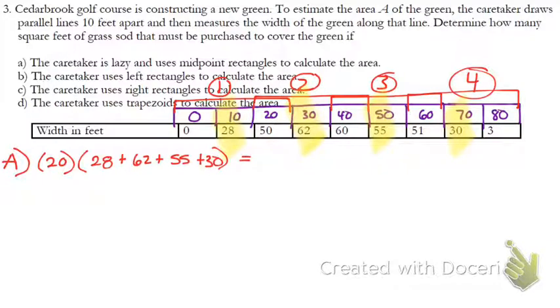If I add all those together and multiply by 20, I get 28 plus 62 plus 55 plus 30, which is 175 square feet of sod that they would have to use.